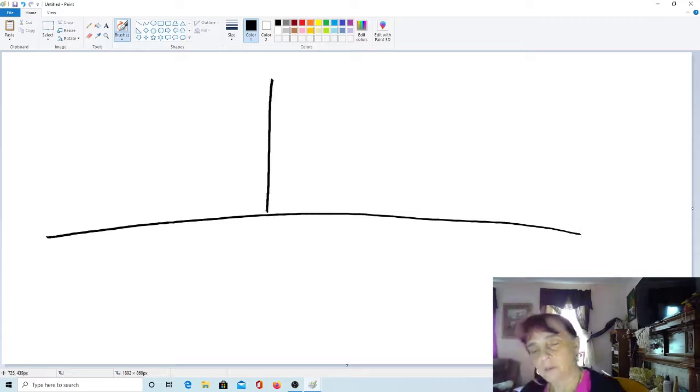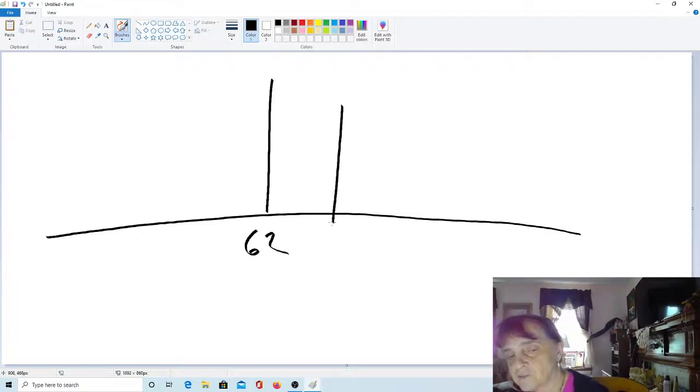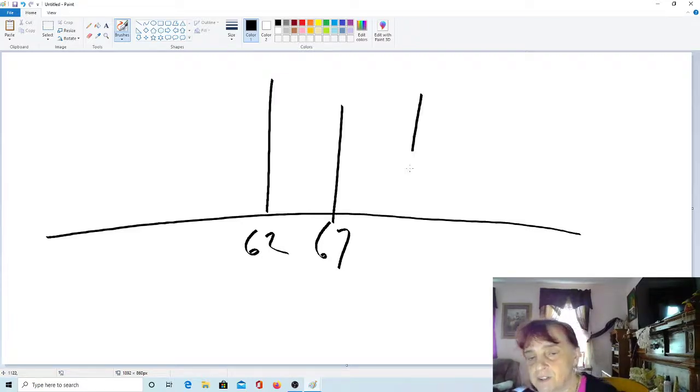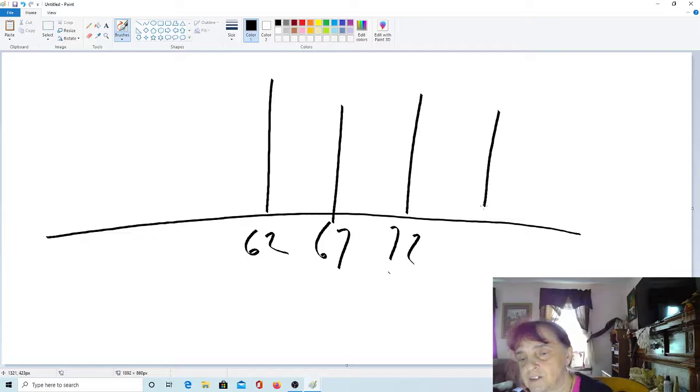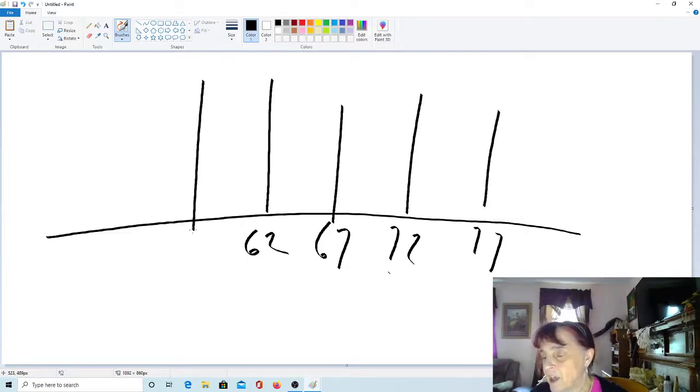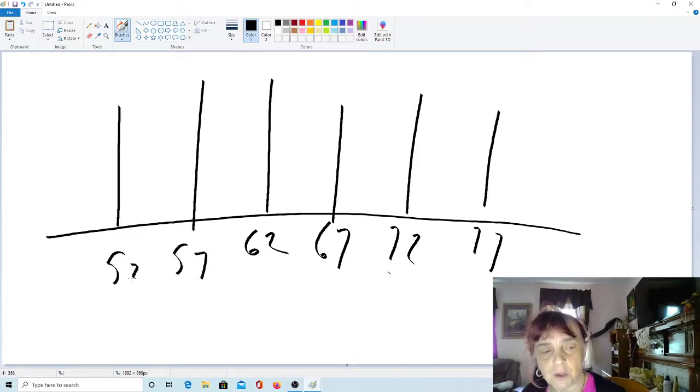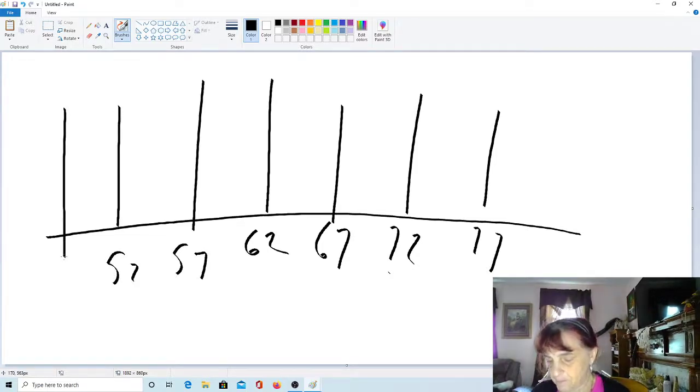Okay, here's the graph. The mean was 62 miles an hour. The standard deviation is 5, so 62 and 5 is 67. 67 and 5 is 72. 72 and 5 is 77. 62 minus 5 is what? 57. Minus 5 is 52. 52 minus 5 is 47.